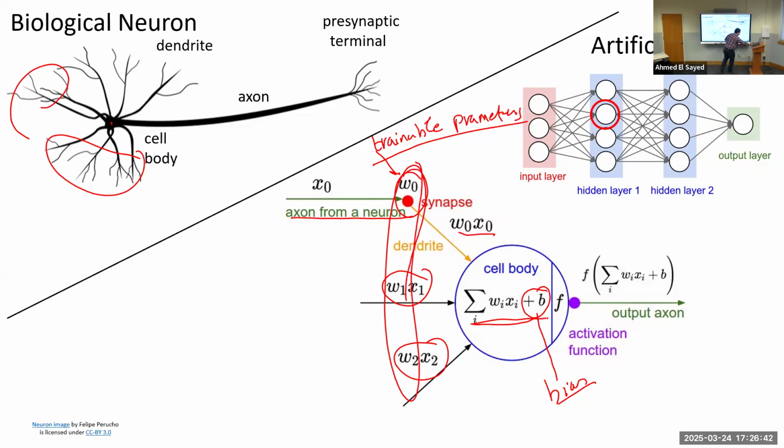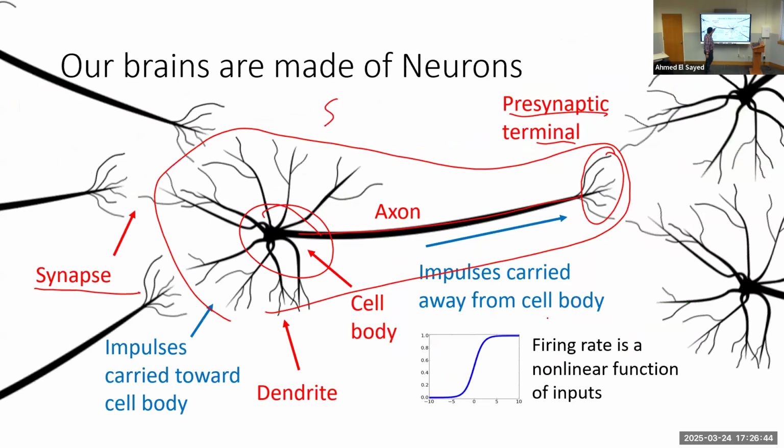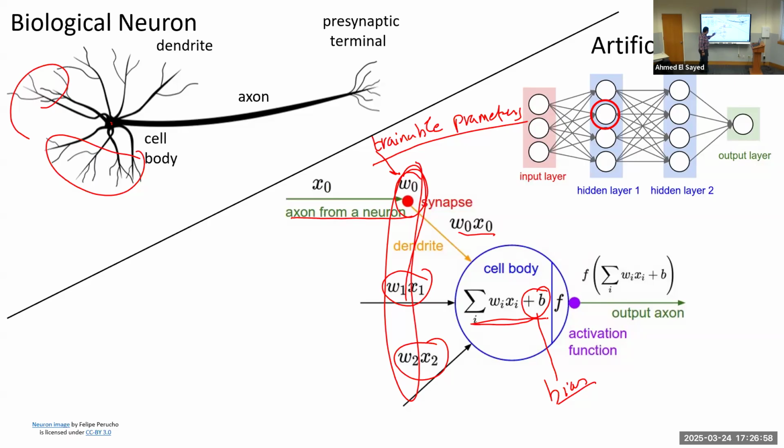So, as here, if the signal strength is higher than a specific threshold, it will start to fire to the next neuron. Same here, same here. So I need to have some thresholding function. If this signal is over this specific threshold, it will fire to the next neuron. We will call this function for the firing an activation function. Okay?